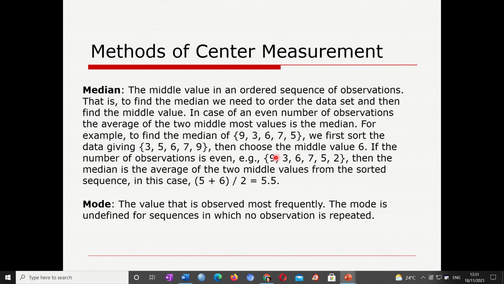Now, median, you put them in order. The way you find median is the number in the middle, which for this is 6. But in this example it's not in order, so we have to put them in order.